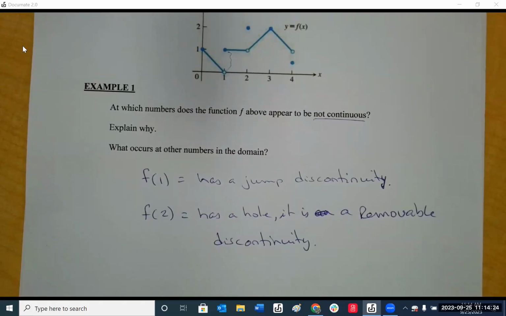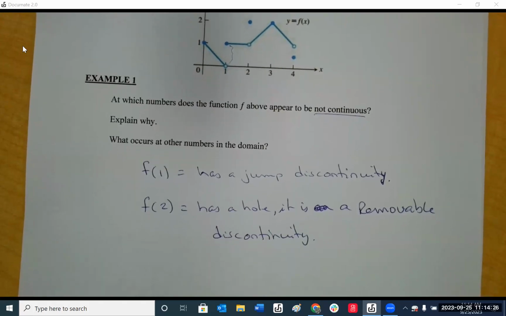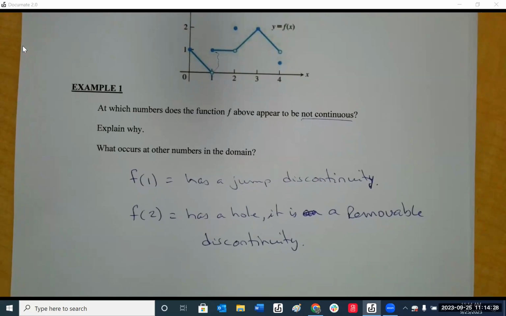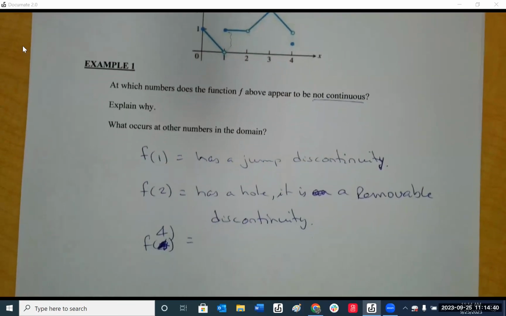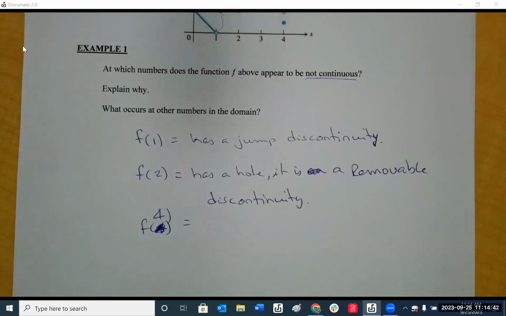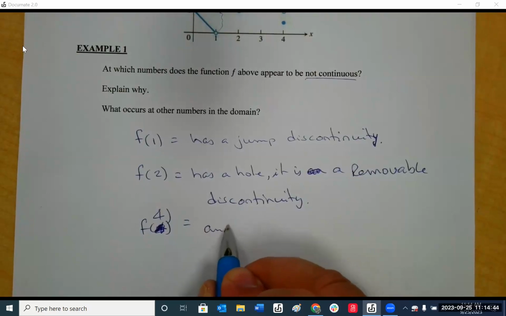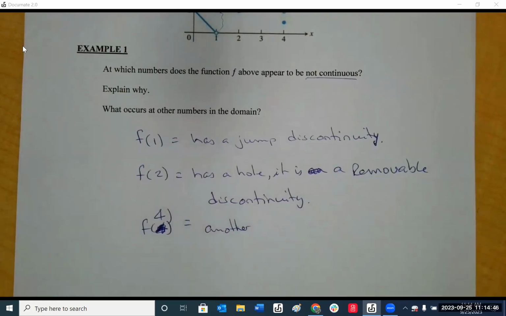Where else? And at f of 4, what's happening at 4? Thank you. That's such a huge difference.